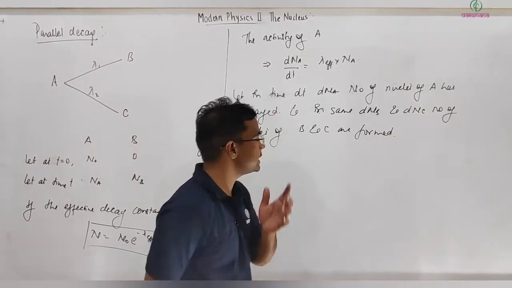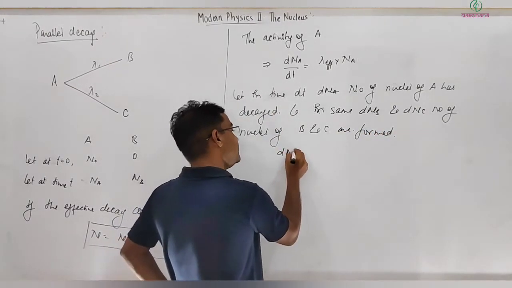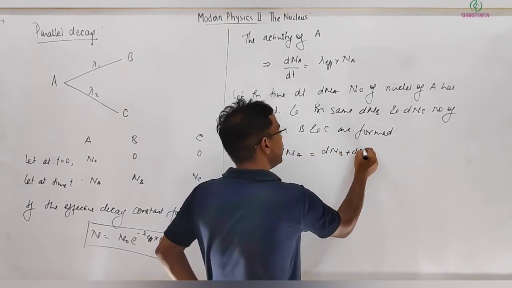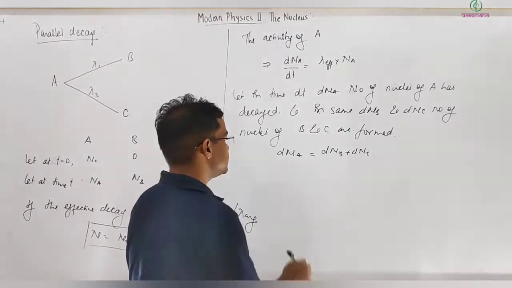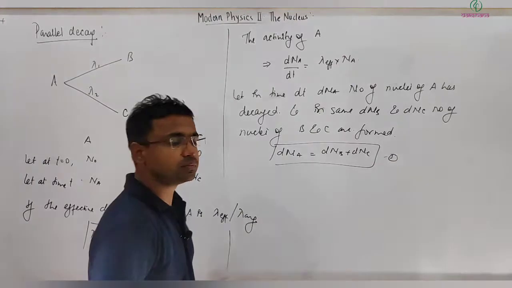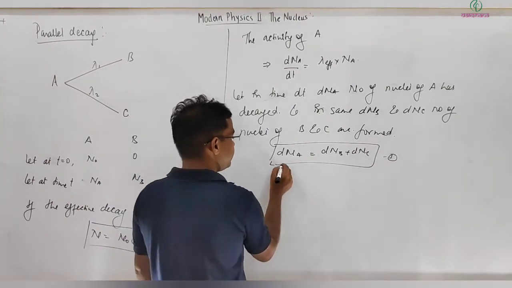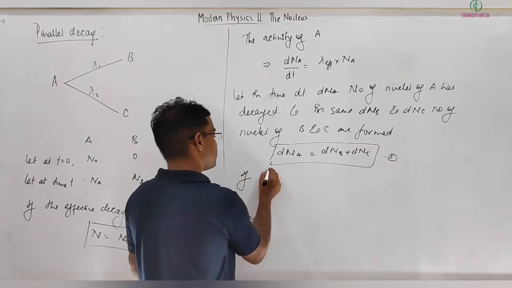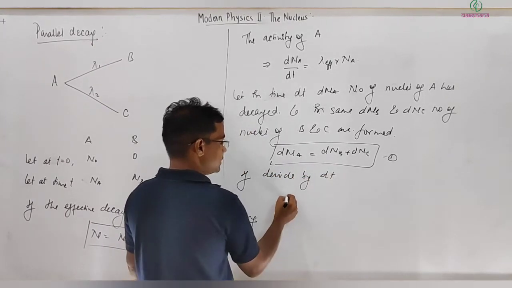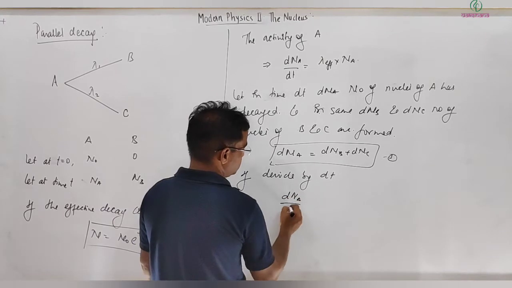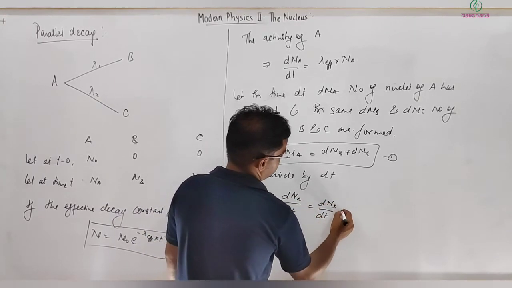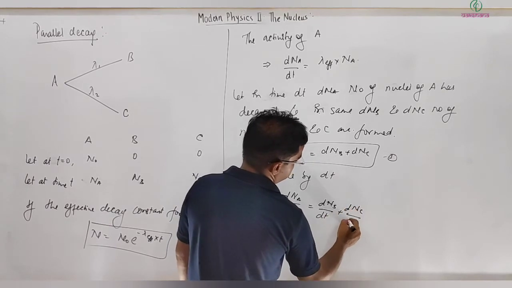Because A is decaying, I can write simply dNA should be equal to dNB plus dNC. One relation. If I divide by dt, then I can get the relation in activity: dNB by dt plus dNC by dt.